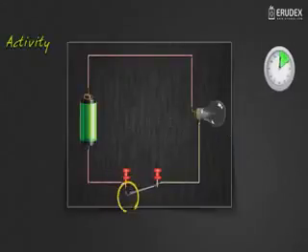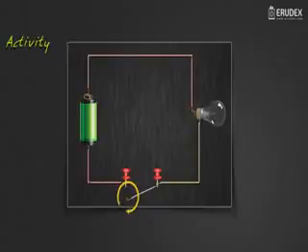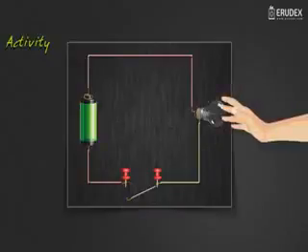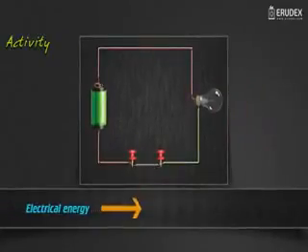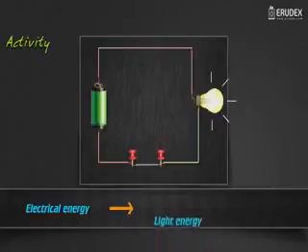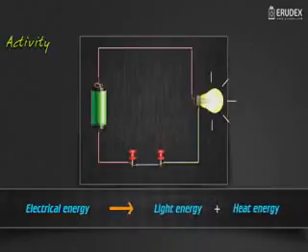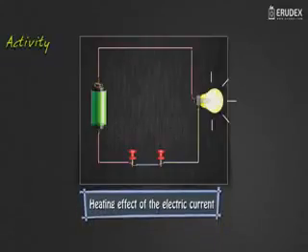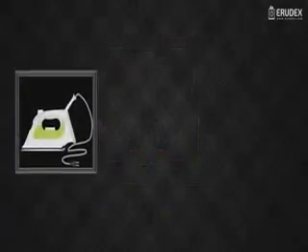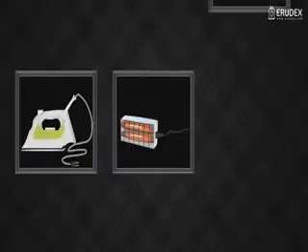Due to glowing of this bulb, it produces heat. After switching off the circuit, if we touch this bulb, it is hot. Due to heating effect of electricity, it becomes hot, and electrical energy is changed into light energy plus heat energy. So heating effect of electrical current we can easily see with the help of this circuit.